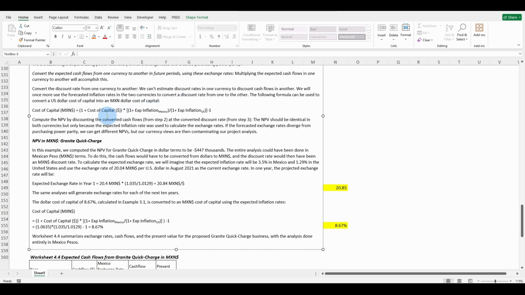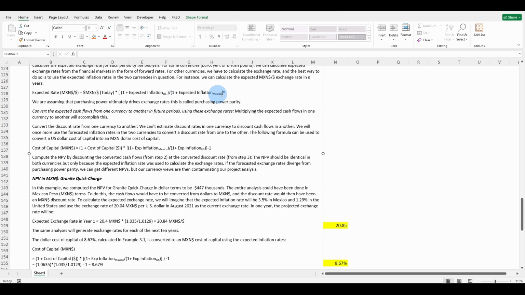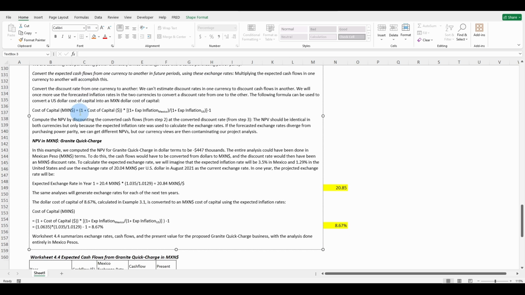The following formula can be used to convert a US dollar cost of capital into a Mexican peso cost of capital. Cost of capital, Mexican pesos, equals 1 plus cost of capital, US, times 1 plus expected inflation, Mexico, divided by 1 plus expected inflation, US, minus 1. Here's the formula right here, same thing.